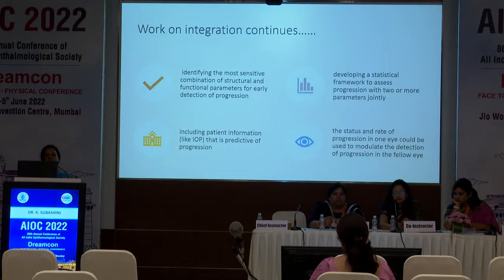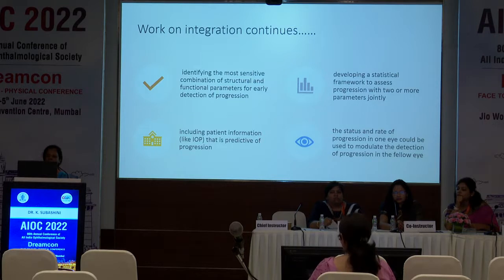Researchers are working on identifying the most sensitive combination of structure and function parameters for early detection of progression, and they are even working on more than 2 parameters jointly, and also using patient information like the intraocular pressure while predicting progression.